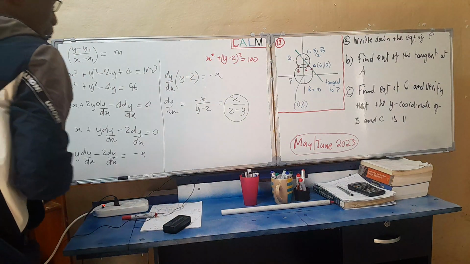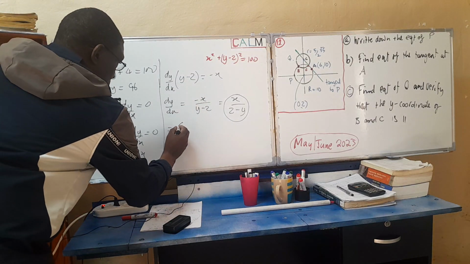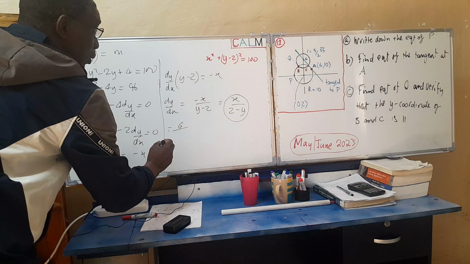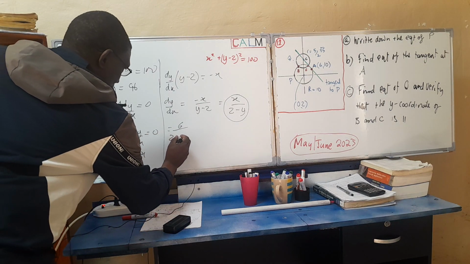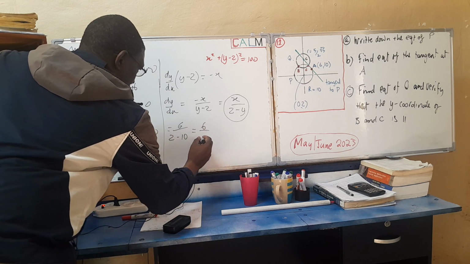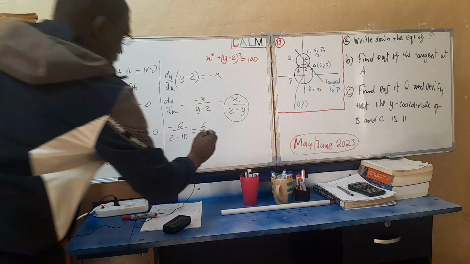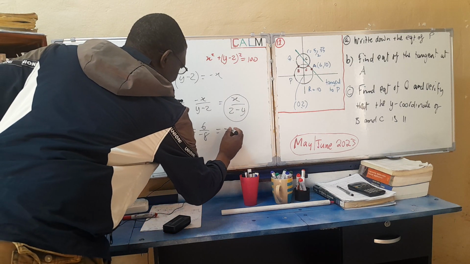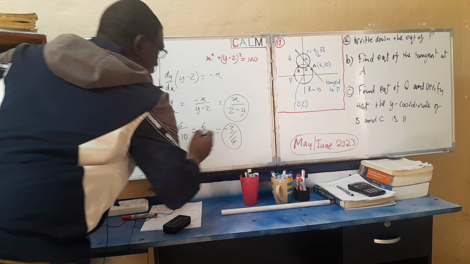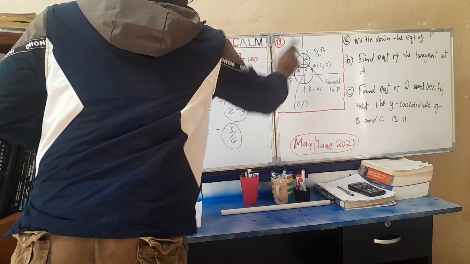So we simply plug in the values and we get 6 divided by 2 minus 10, which is equal to 6 over minus 8, which is equal to minus 3 over 4. So this is the gradient of the tangent at point A.